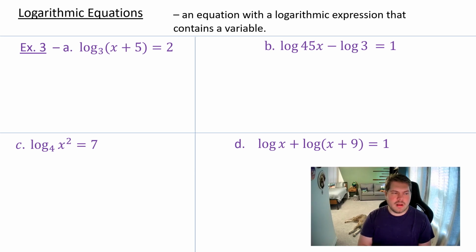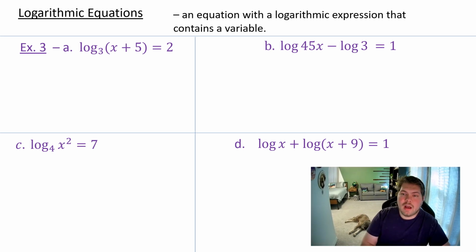So log base 3 of (x plus 5) equals 2. The best way to solve this is to basically go backwards for a second, because there's not much we can do right here, but we can bring our 3 back to the other side, because remember, to get here we would have had to log both sides.